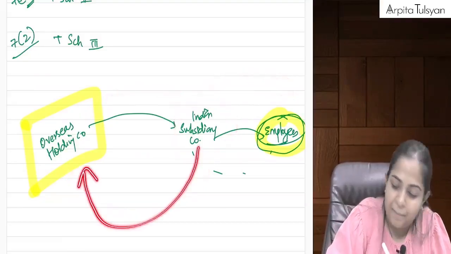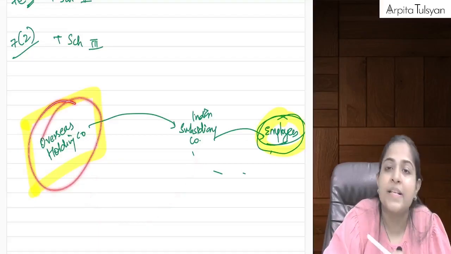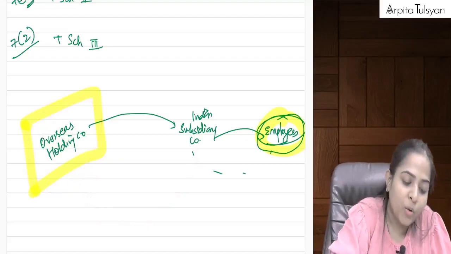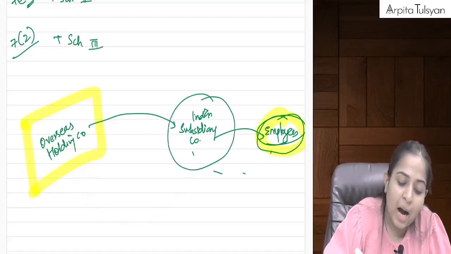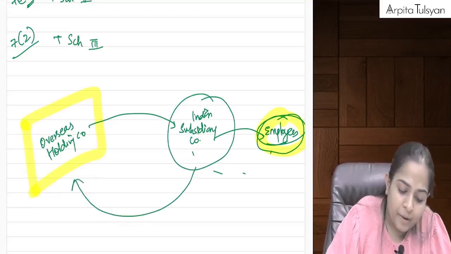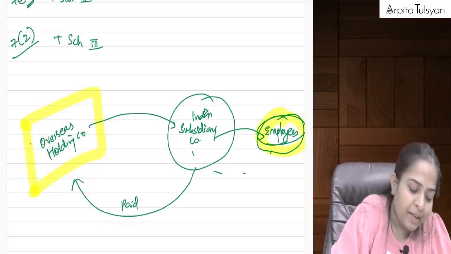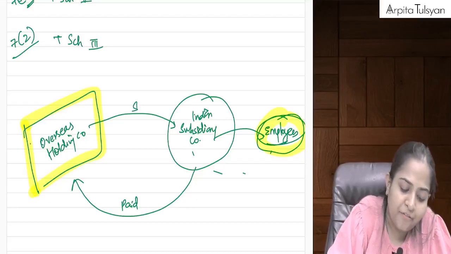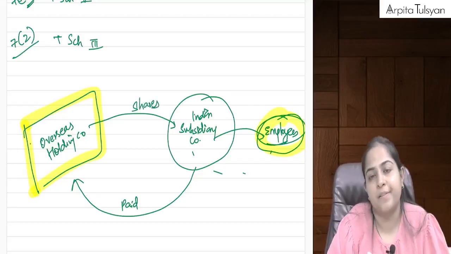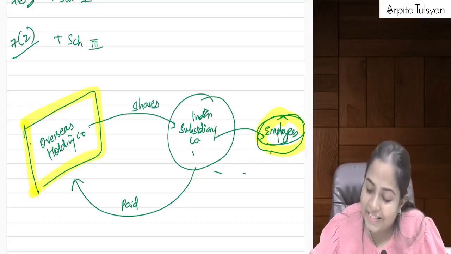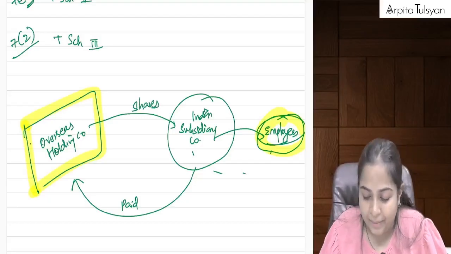The Indian subsidiary company will have to reimburse it to the overseas holding company. So now the amount which is paid by the Indian subsidiary company to the overseas holding company for the shares, on that, is GST applicable or is GST not applicable?